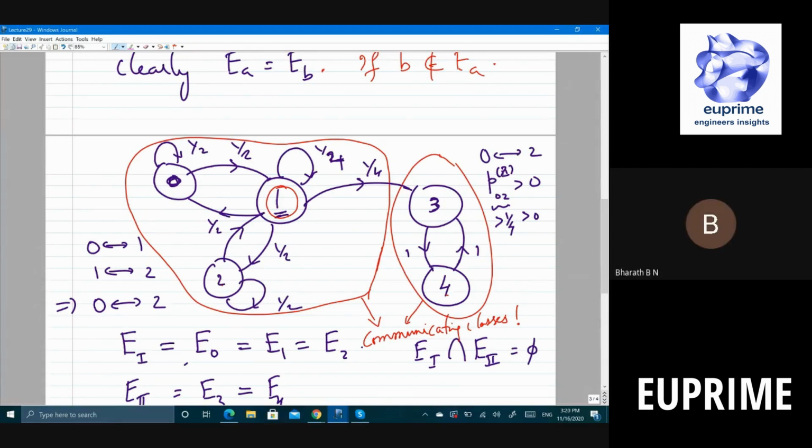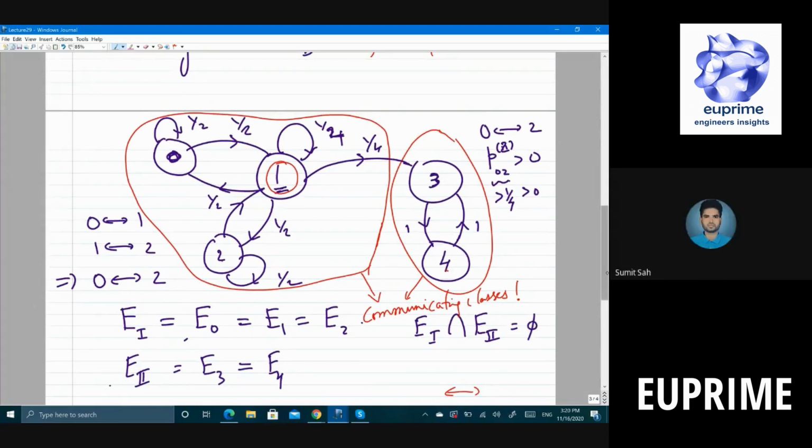Exactly. See, for example, 1 communicates with 3, but 3 does not communicate with 1. So, therefore, 1 is not recurrent. Do you agree? Yes, because if it is recurrent, then it has to be 3 to 1 also. Yeah, exactly.